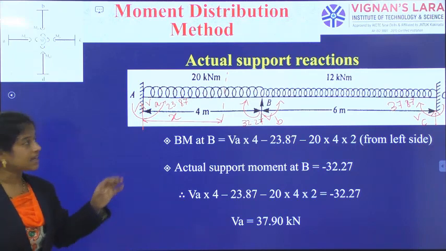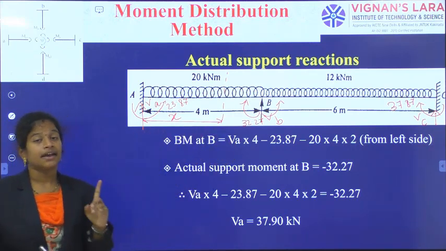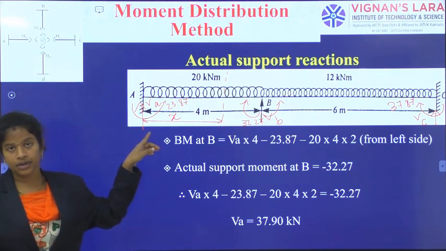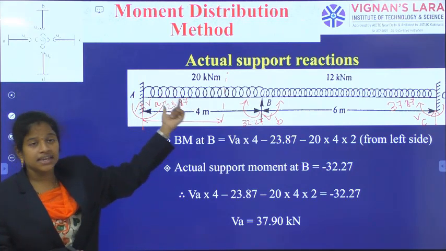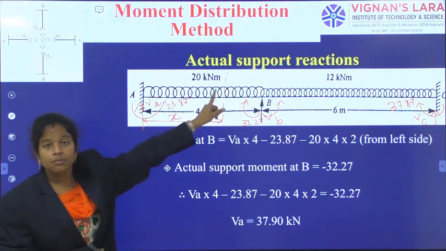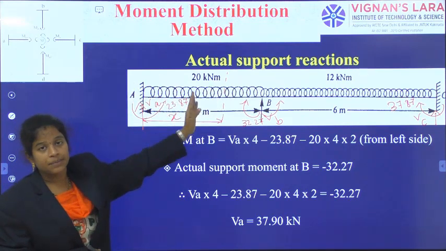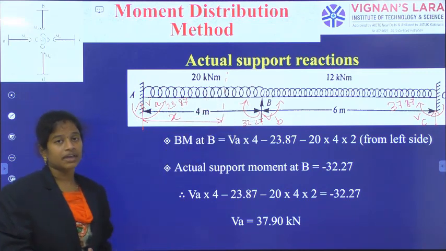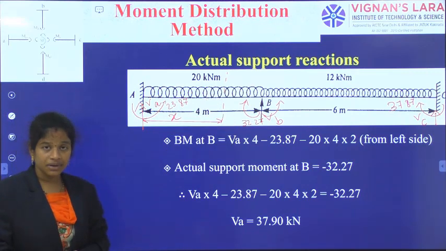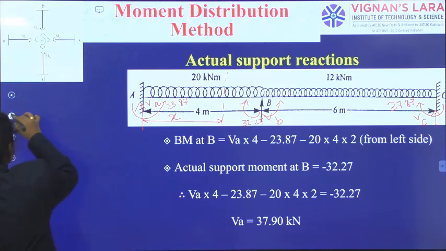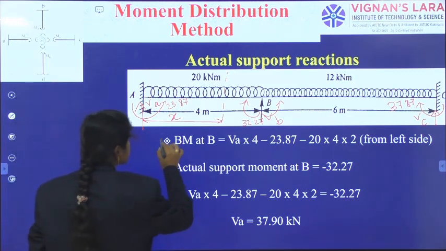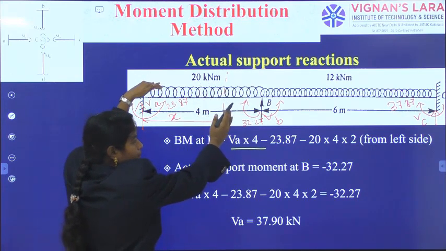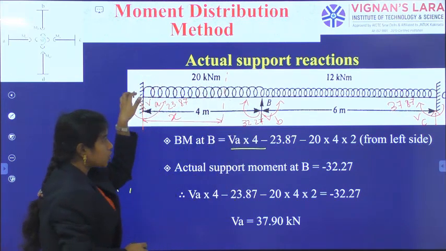Okay. Firstly, I am taking a section and a distance. And for writing bending moment, please don't forget the support moment. That is also needed. So, the first thing is bending moment in the span AB at a distance x from A. Now, bending moment at B is equal to VA up to this section, VA into 4, and we are having a hogging type moment.